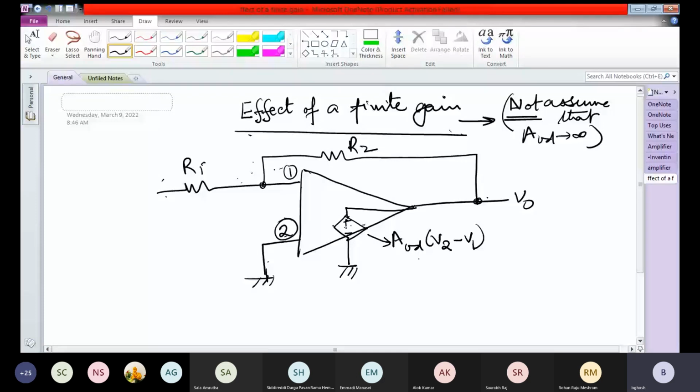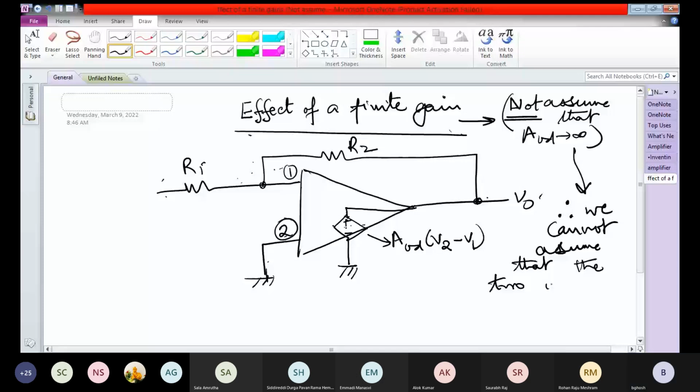So we cannot assume, therefore, that the two input terminals are virtually short.